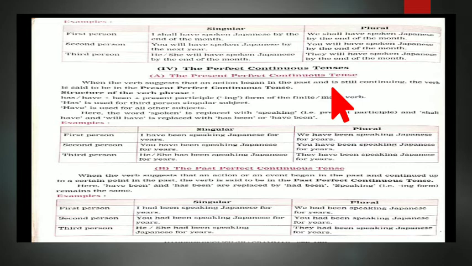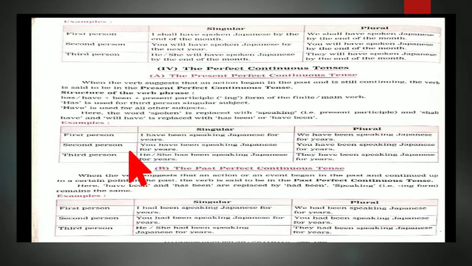In the present perfect tense, the singular form has is used with the subject such as he, she, it, or singular nouns. The plural form have is used with I or you and plural nouns. Now how is the structure here? Has or have plus the past participle, the en or ed form of the finite main verb.